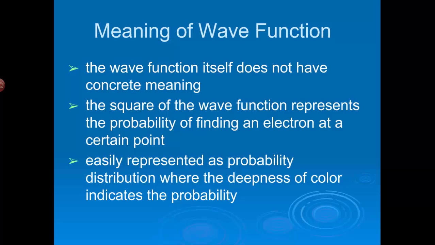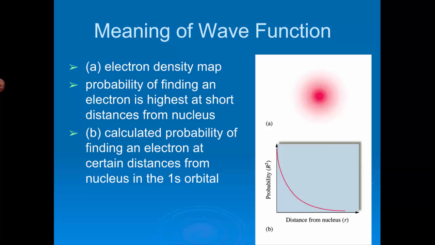If you plot this probability distribution where you use a color, and the deeper the color means more probability, you get something called an electron density map, this reddish circle, where at the center, closest to the nucleus, we have a very high probability of finding an electron. And as we get further away from the nucleus, we have a much lower probability.